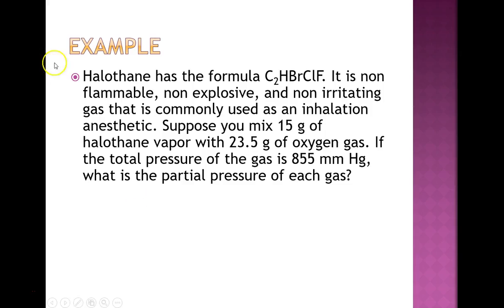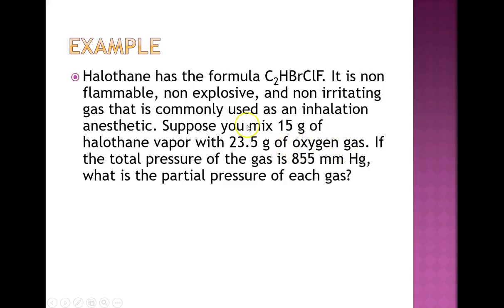Let's look at an example. Halothane has a formula C2HBrClF. This is a non-flammable, non-explosive, and non-irritating gas that's commonly used as an inhalation anesthetic. Put you to sleep. Now, let's suppose we're mixing 15 grams of halothane vapor with 23.5 grams of oxygen gas.